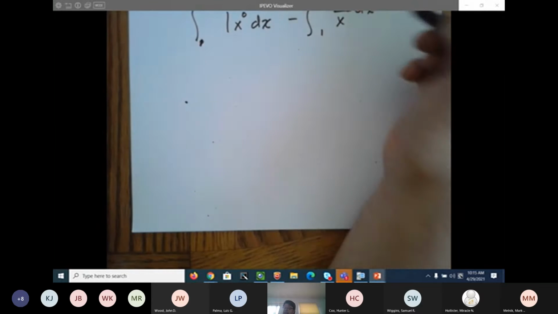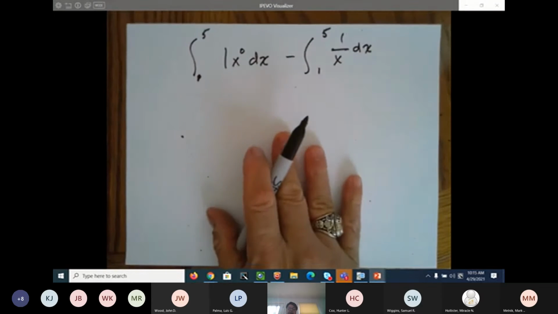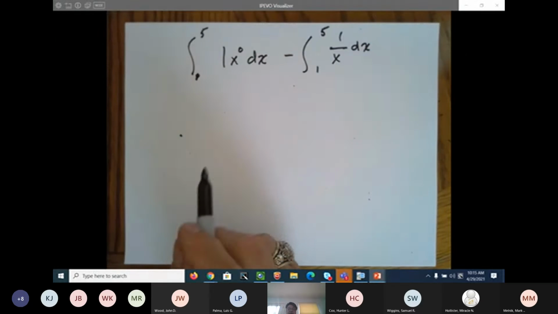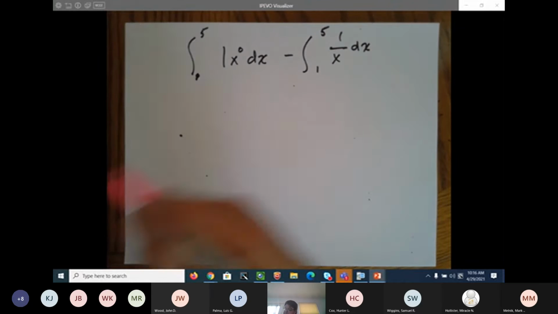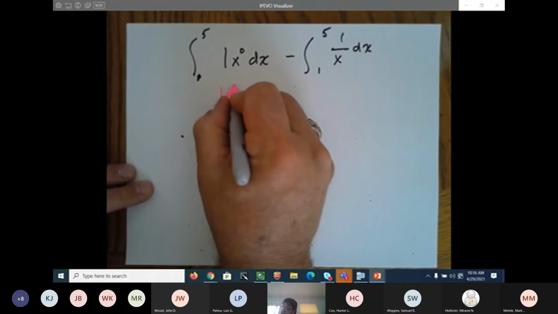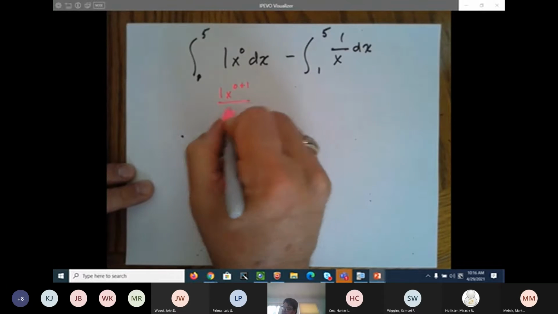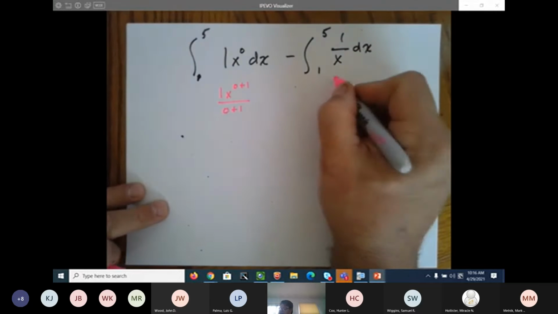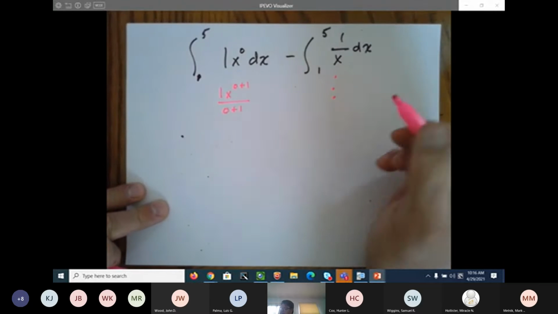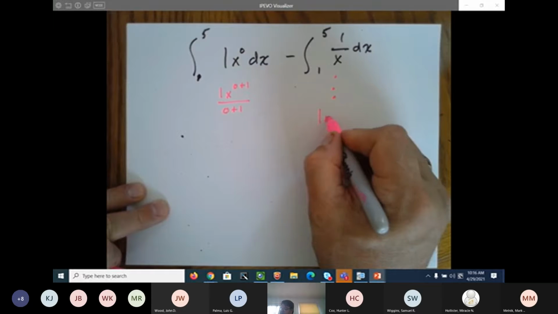I just rewrote it with the x to the 0 because now you can do your law. I'm going to do the law right here. 1x to the 0 plus 1 over 0 plus 1. And this right here is the natural log of x.